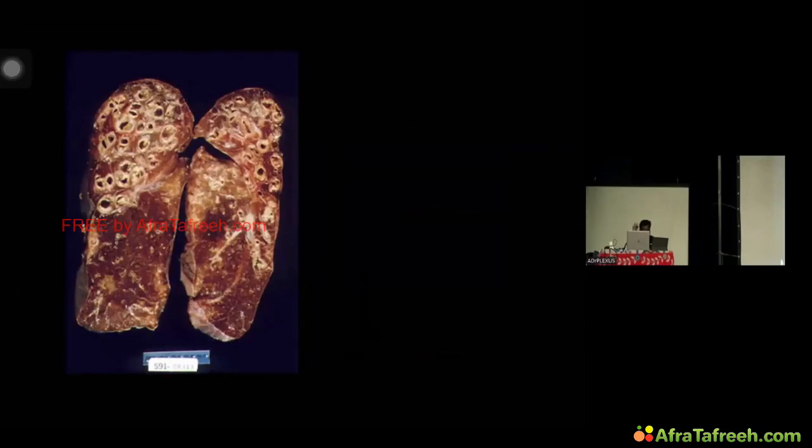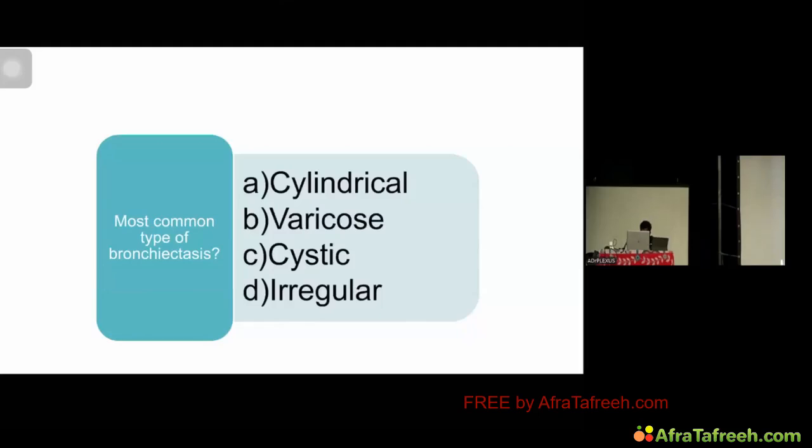I'm not giving you the option. 4 options are being given. What will you think? I told you upper lobe predominant bronchiectasis is seen in CF, cystic fibrosis, post radiation. Where is the bronchiectasis or airway dilatation? Upper lobe. So the condition is going to be cystic fibrosis. Most common type of bronchiectasis is the cylindrical type.